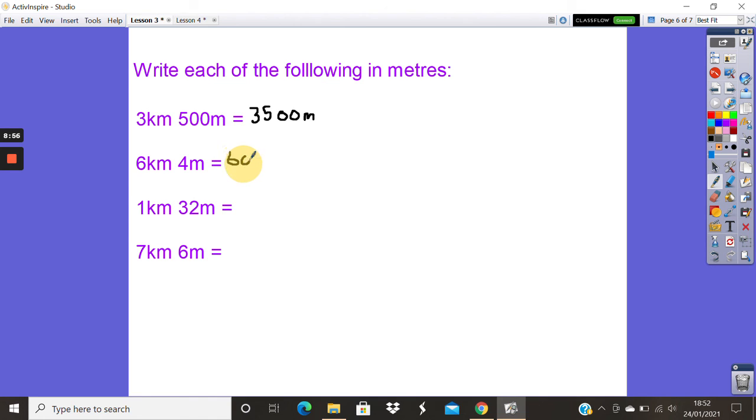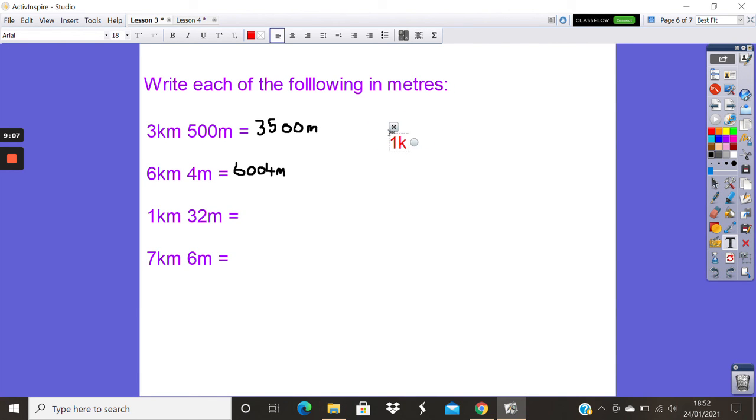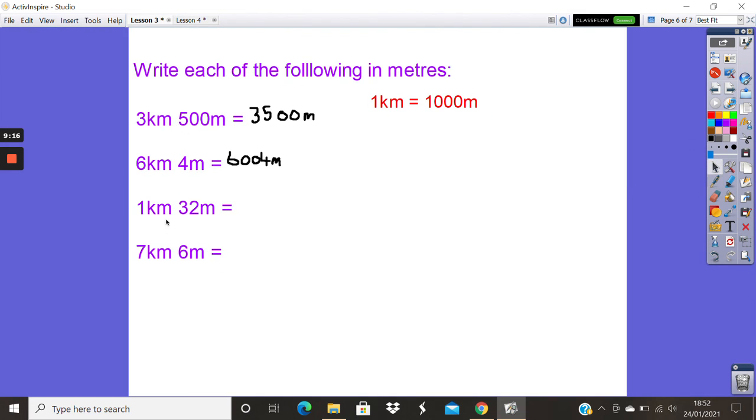So we've got 6,004 metres. Okay, because in 1 kilometre there are 1,000 metres. Right, that's there to help you again. See if you can have a go at the last two and convert them into metres.